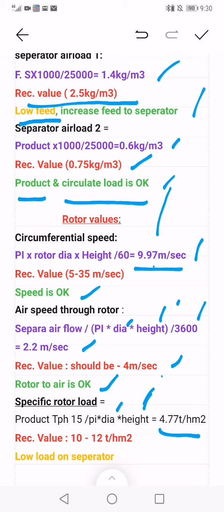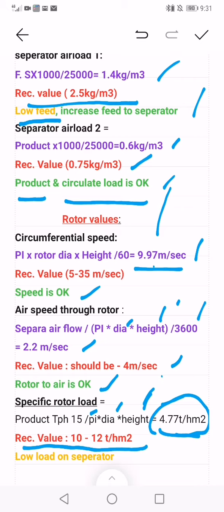Specific rotor load recommendation value is 10 to 12 tons per hour meter square. So it is less than the recommendation value. We got here 4.77 tons per hour meter square.